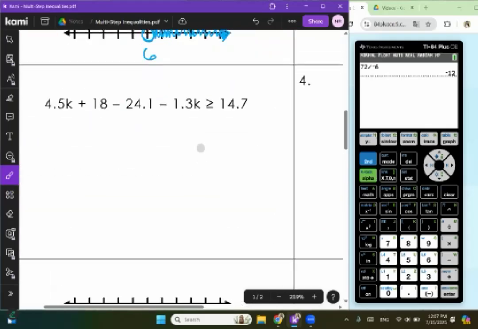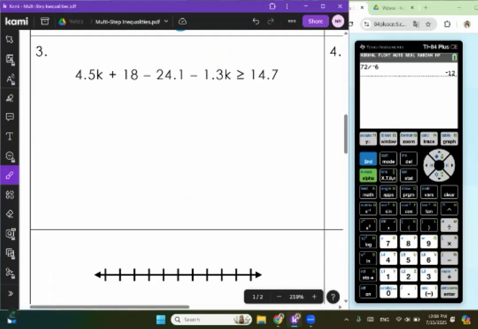Okay. Next, number 3. Our variables are on the left, so we move everything to the right. Now there's too many terms on the left side. If it's more than 2, it's too many. So we got to use our shapes to combine something.